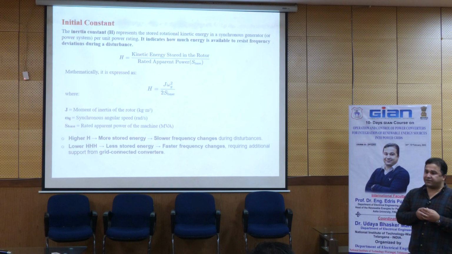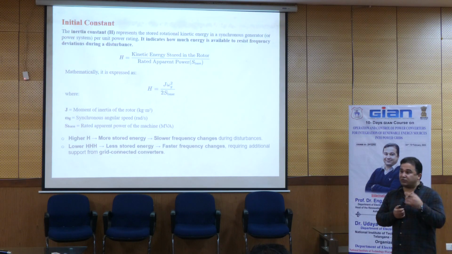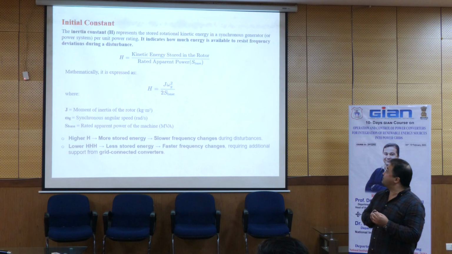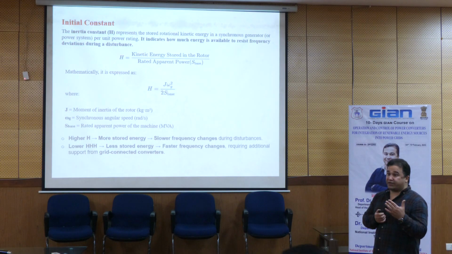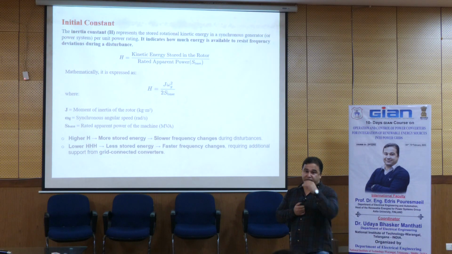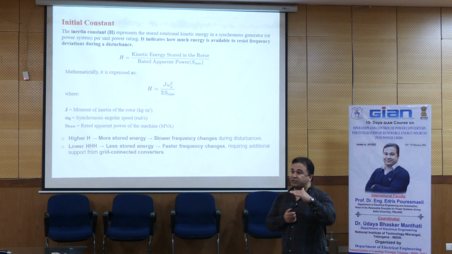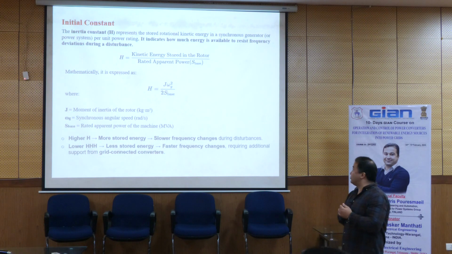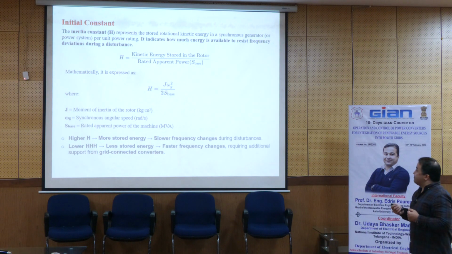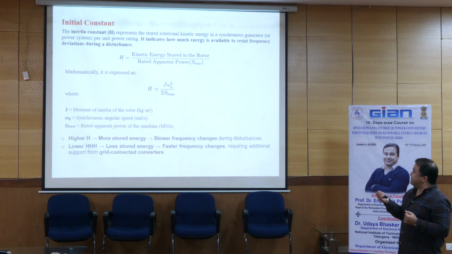So if we say that we have a 20 kilovolt-ampere generator with a moment of inertia J of 1 kilogram meter squared, it means that you should calculate the value based on the kinetic energy and divide it by 20 kilovolt-ampere, 20,000. So basically, the mathematical model is expressed by this, because the kinetic energy is 1 over 2 J omega squared.